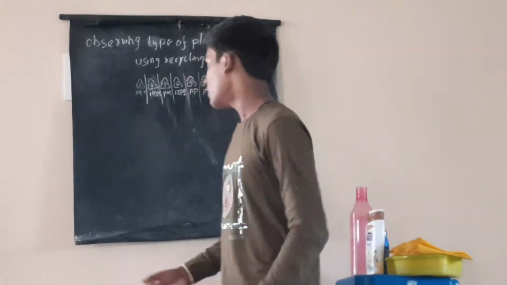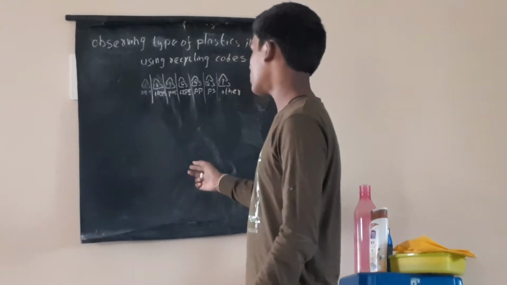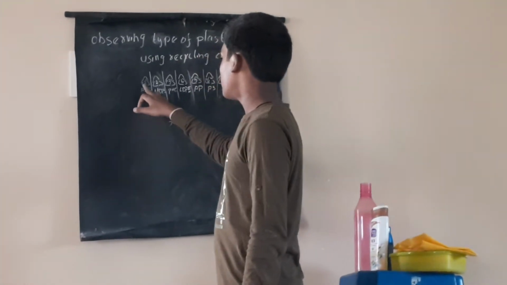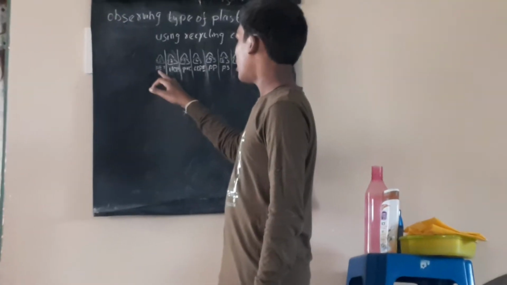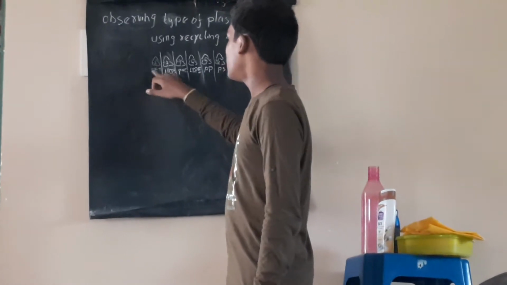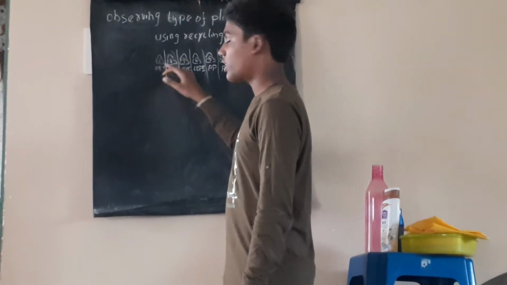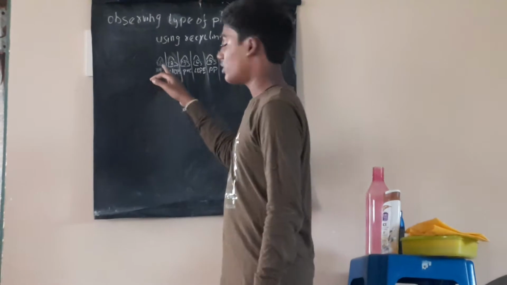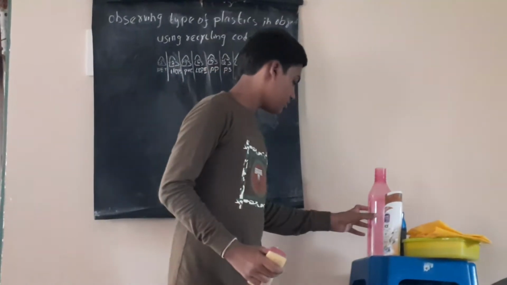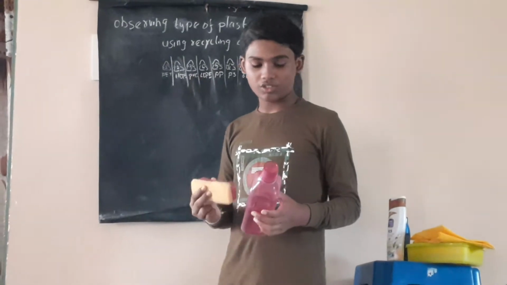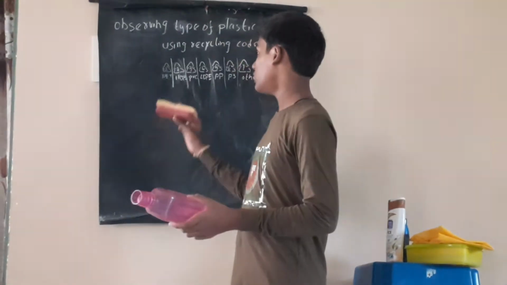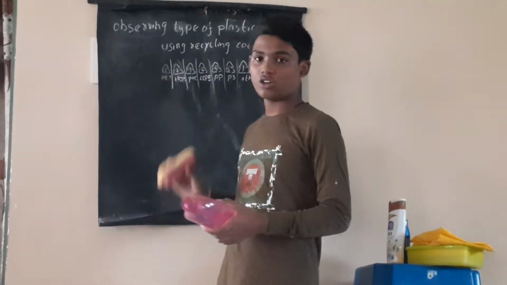Once we see the recycling code, we can see here the symbol of 1 and here PET. The PET plastic we can observe like this: here one bottle is there. So how do we observe which type of plastic this is? Using this recycling code we can observe.